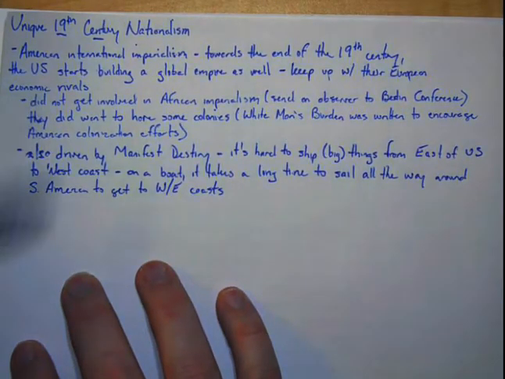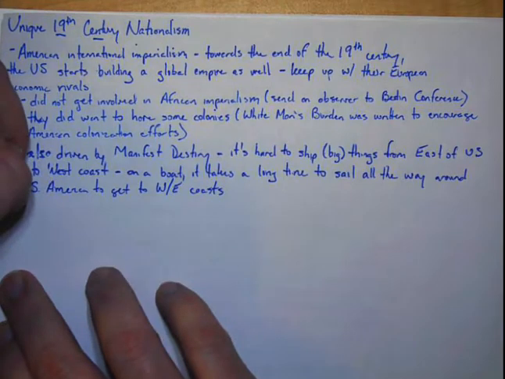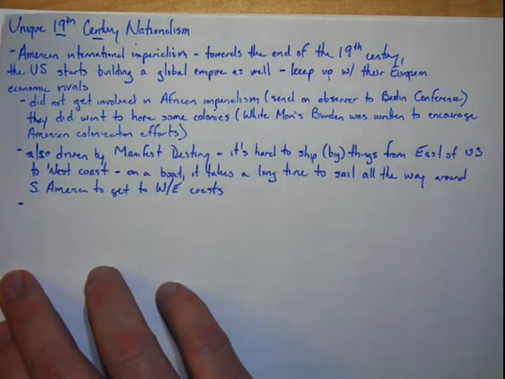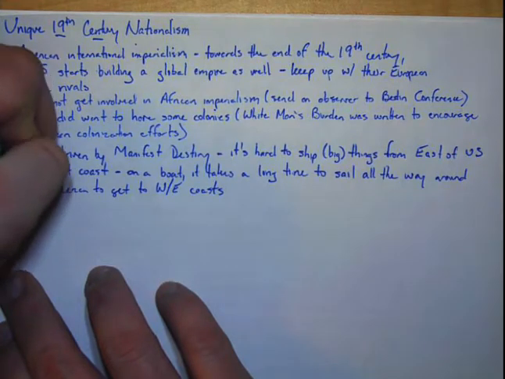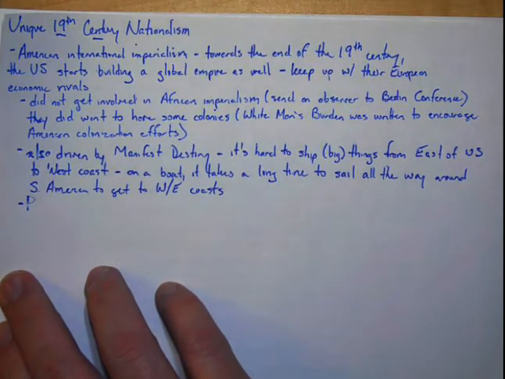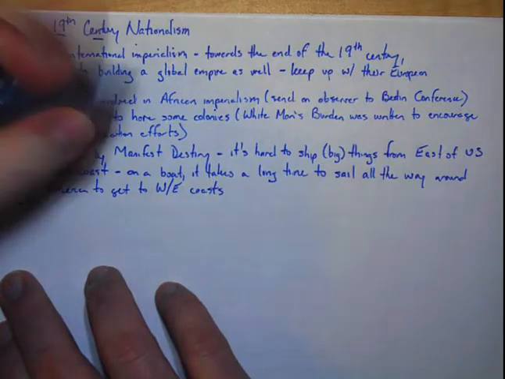So there were a couple of things that the Americans did to help with these desires. The first one of these is the Panama Canal.